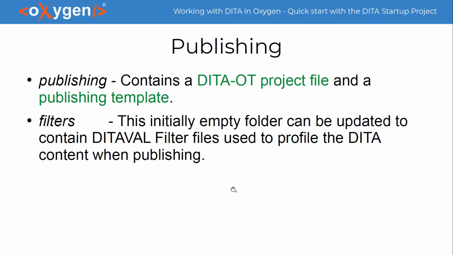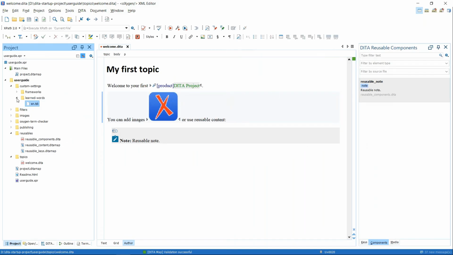On the publishing side, let's see what this startup project contains. Well, you have a DITA Open Toolkit project file already sketched up. And it's here in the publishing directory.